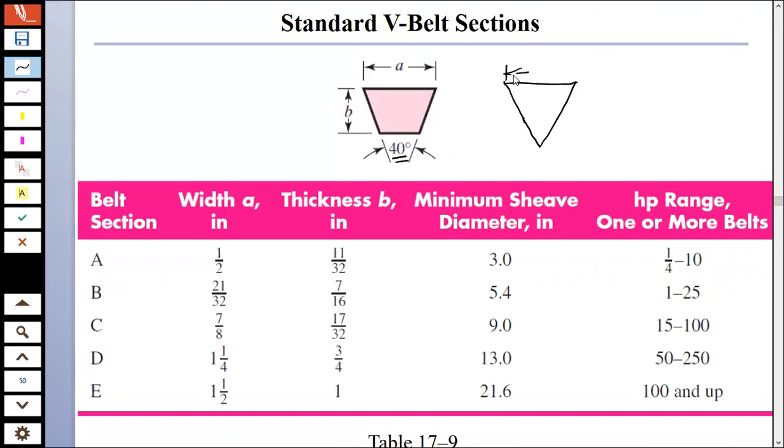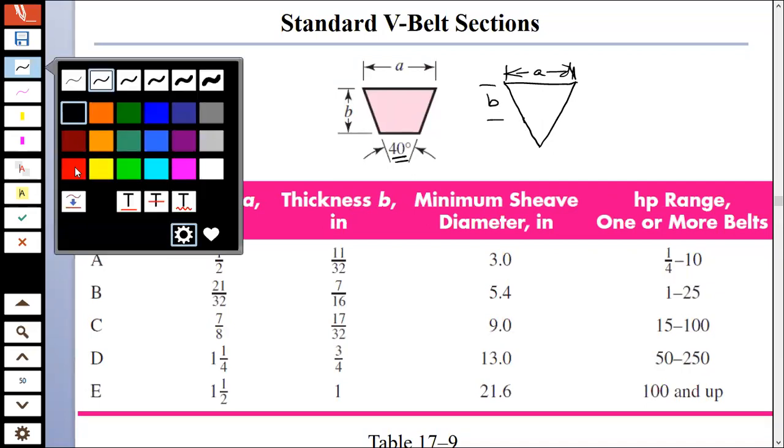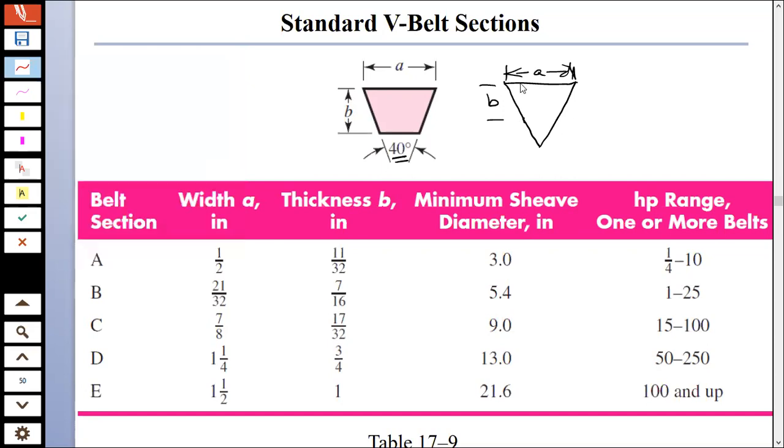This parameter is A. The other parameter is B. So your belt is going to look just like this. And this belt goes into a groove on the pulley.